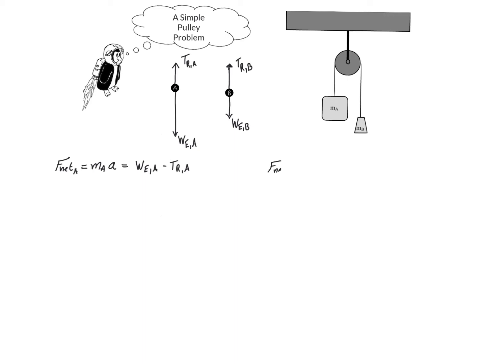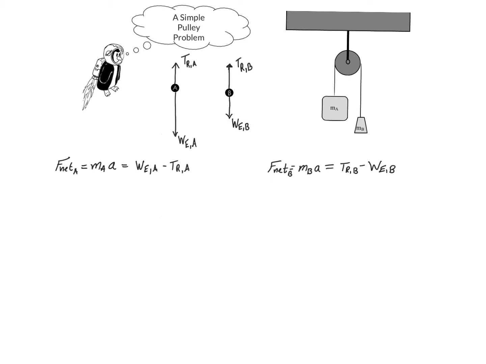Likewise, the net force on object B is going to be the mass of B times the acceleration. Now here the positive direction, or the forward direction if you'd rather, is the tension force. And the weight force acting against that, I give a negative sign.